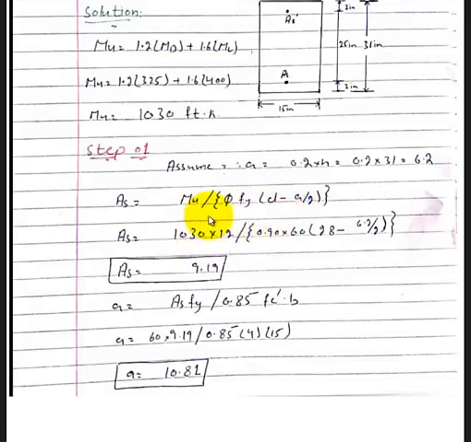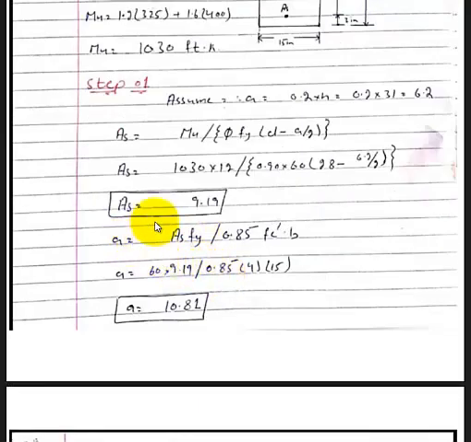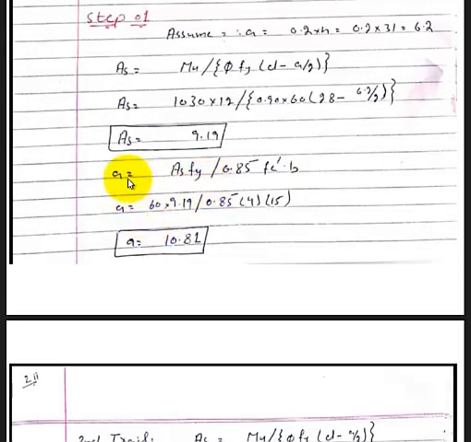Putting the values which are available, we have 1030 into 12 to change feet into inches. So we will get that As is equal to 9.19 inches squared.